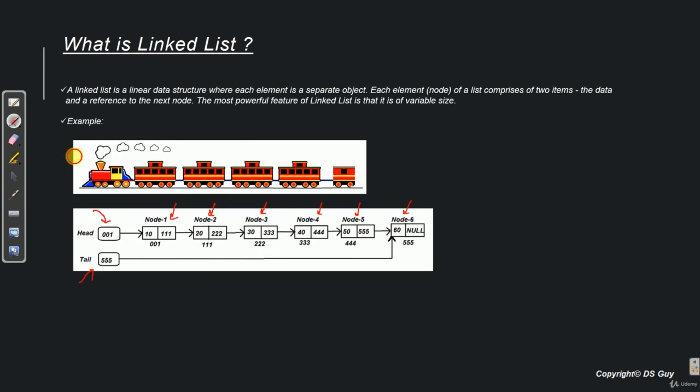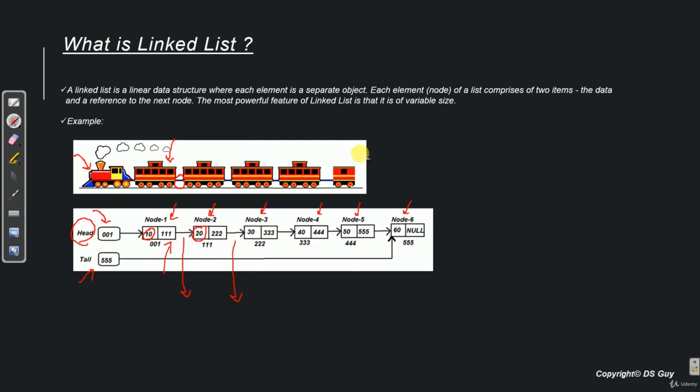Now if we compare this list with the train example, there is a striking resemblance between them. Here we had an engine which drives the entire train. Here we have a head which drives the entire linked list. Here we had compartments which had data or passengers and a coupler which was joining two compartments. Similarly, here we have nodes which have values. In this case we have 10, in this case we have 20, and we also have a coupler which joins two nodes together.